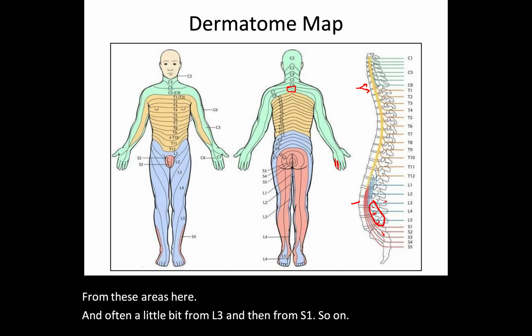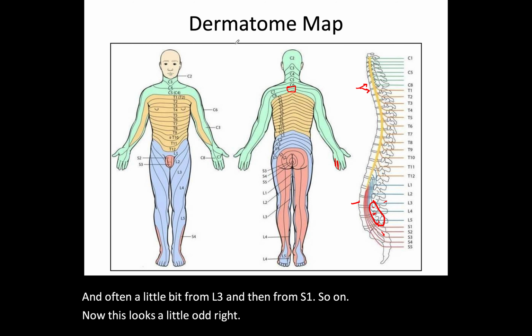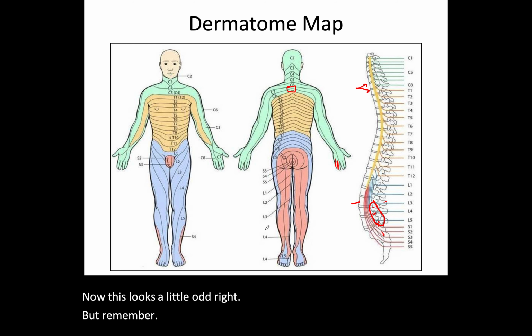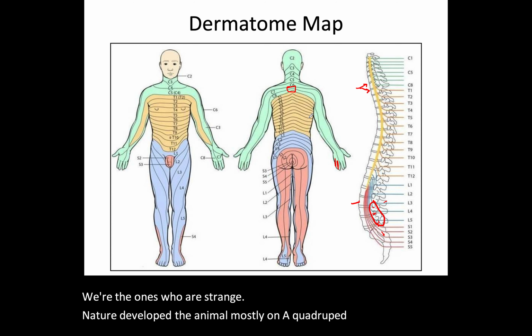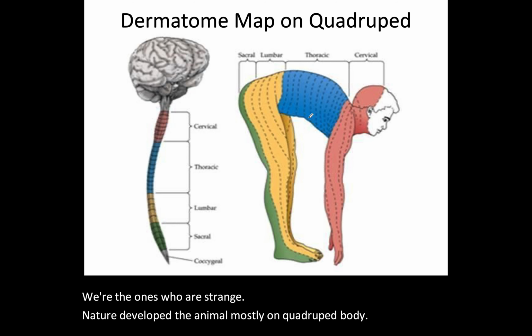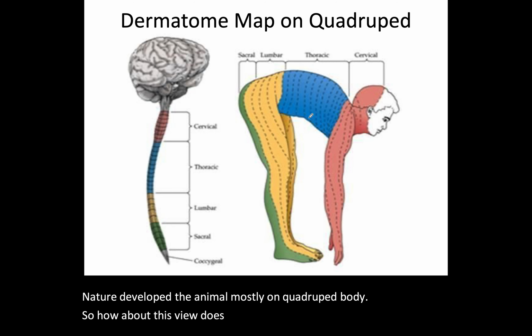Now this looks a little odd, right? But remember, we're the ones who are strange. Nature developed the animal mostly on a quadruped body. So how about this view? Does this make more sense?